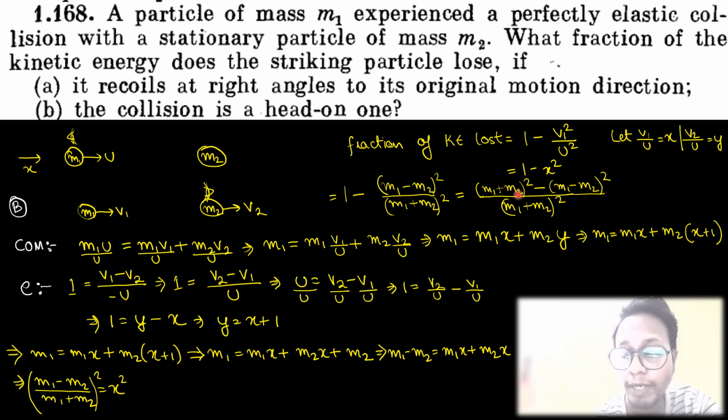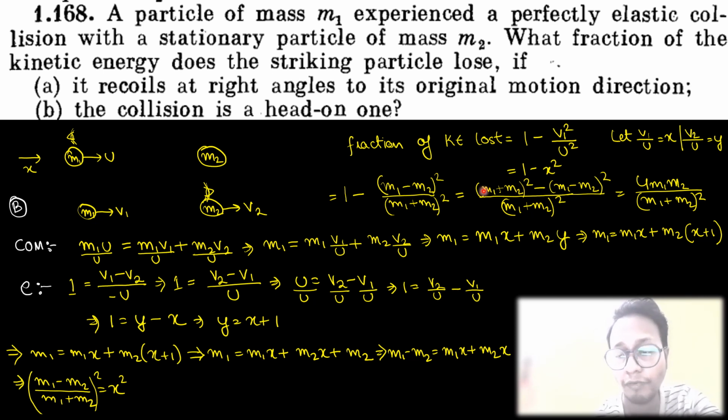So 2 m1 m2 and 2 m1 m2 would be 4 m1 m2, divided by m1 plus m2 whole square. If you are still confused, just open these brackets using the formulas of a plus b whole square and a minus b whole square. Okay, you get this answer. So this is the fraction of kinetic energy lost in part 2.